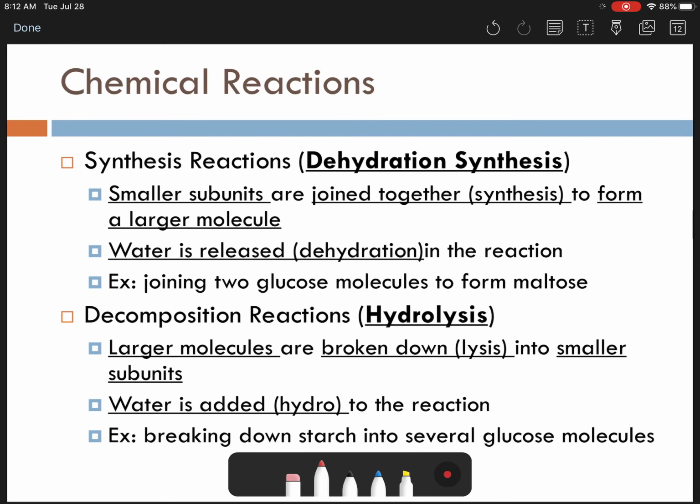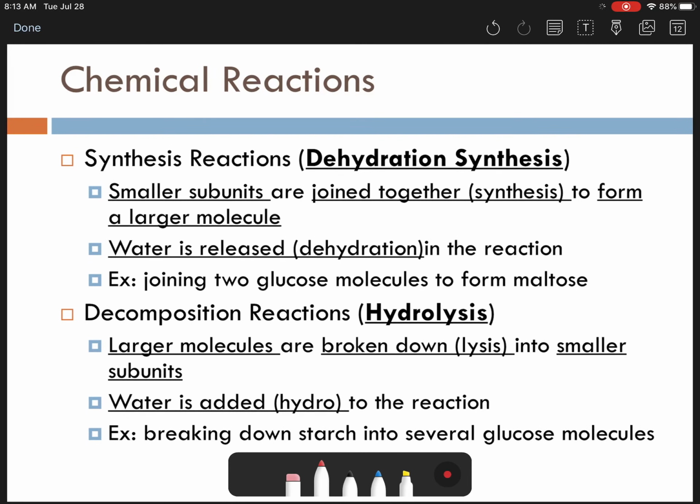Now, when we talk about chemical reactions, we can pretty much break them down into two types of chemical reactions: synthesis reactions and decomposition reactions. We call the synthesis reactions dehydration synthesis. This is the term, the name for these processes, chemical reactions that I want you to learn.